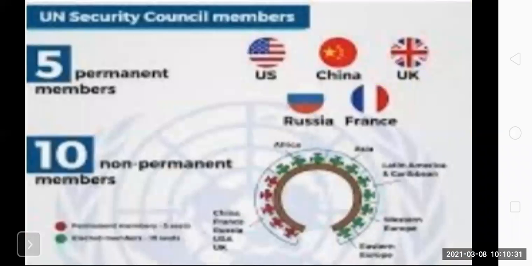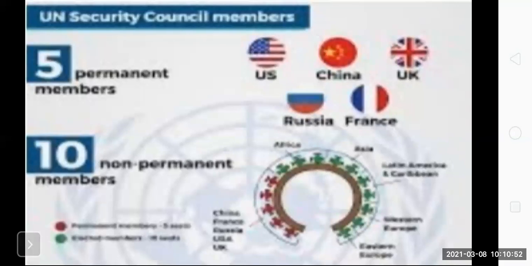So the explanation is: in the United Nations Security Council, there are 5 permanent members and 10 non-permanent members. These 5 permanent members have veto power.